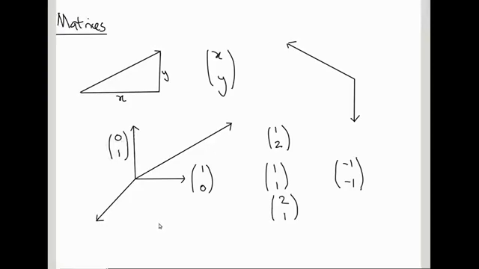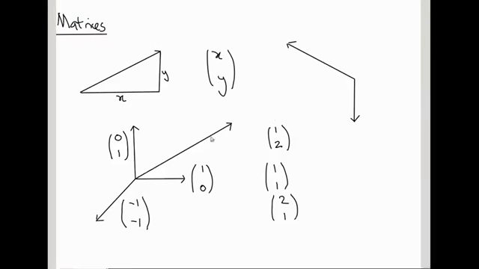What about this one here? This points down and to the left, so that's going to be negative in both entries. So the only possibility is (-1, -1). And this one, well, it points to the right and up. And all of these also point to the right and up, so we've got to figure out which of these three it is.